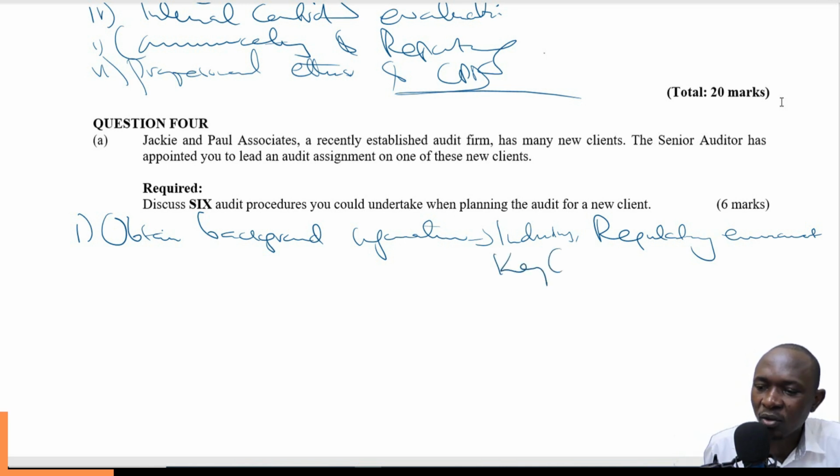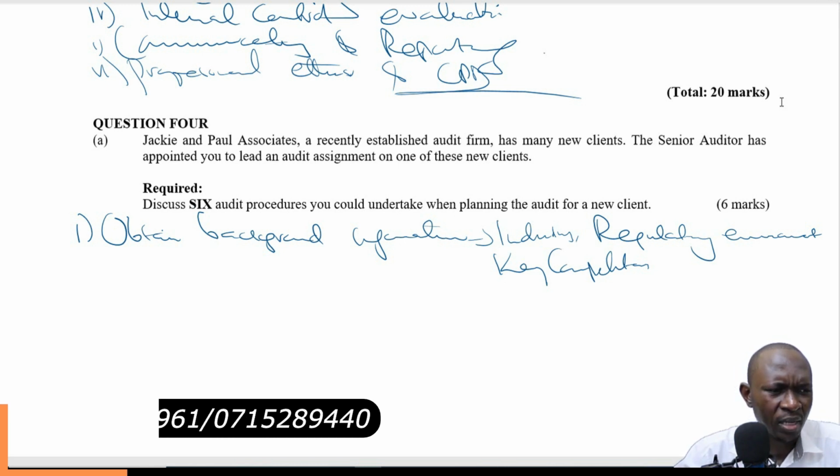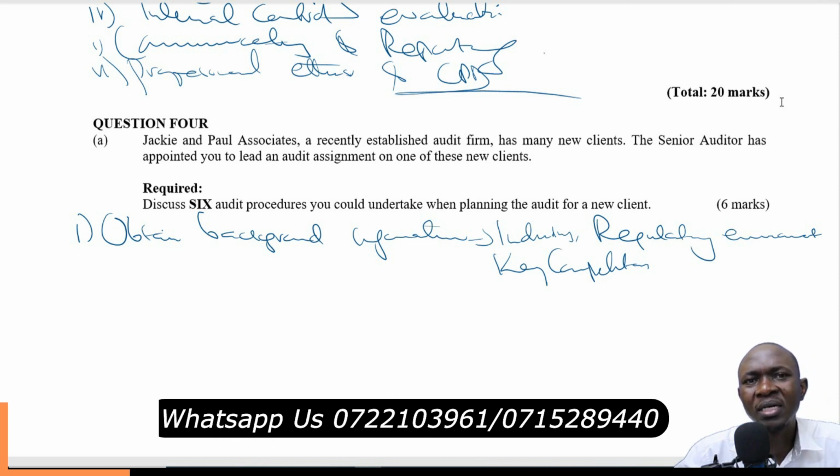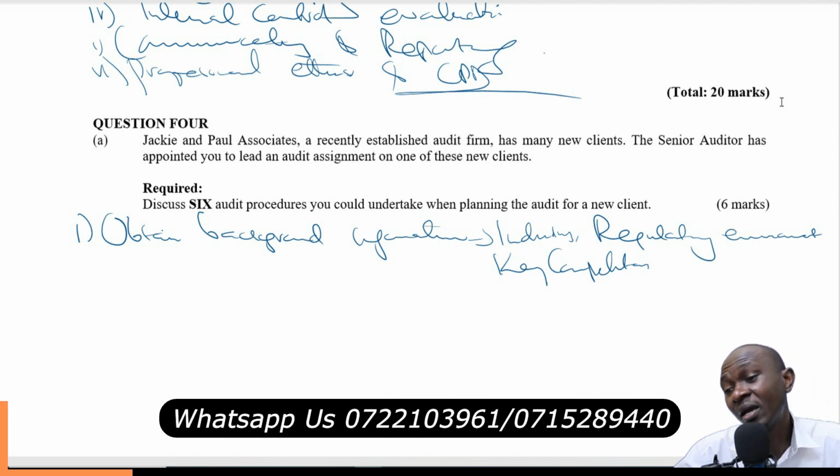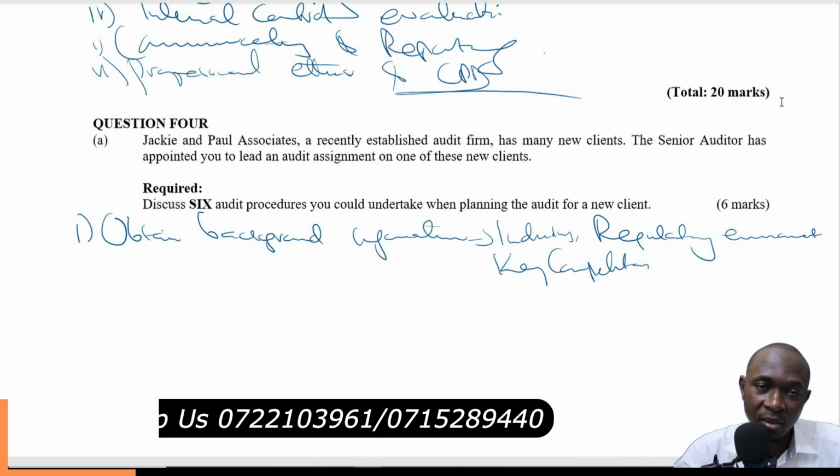Understand some of the key competitors, and this information will come in handy as you continue with the audit process, and basically it will help you understand the client more and also be able to assess some of the possible risks and the financial reporting frameworks that are applicable to that organization.